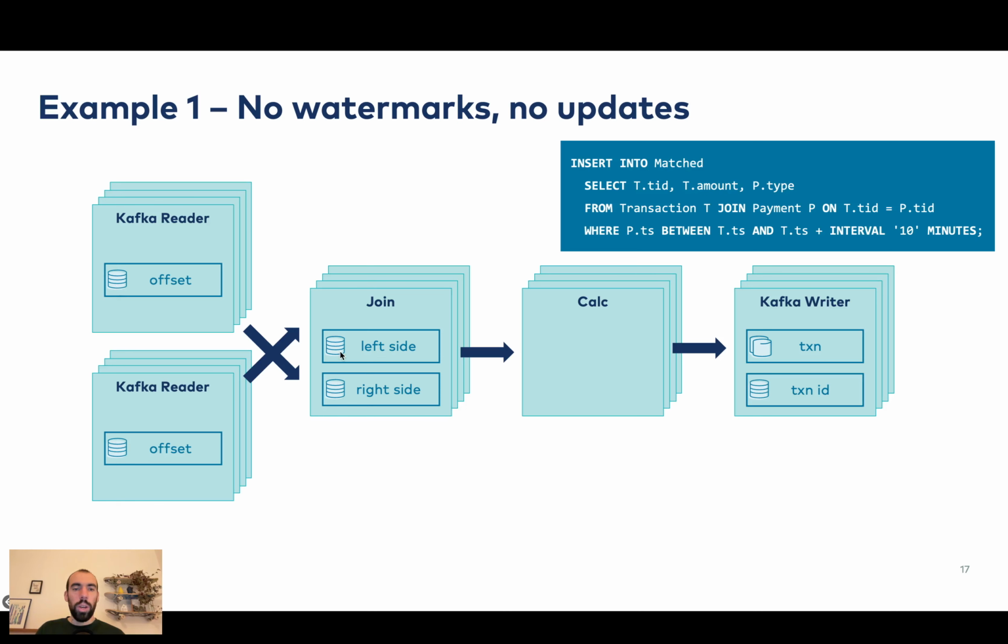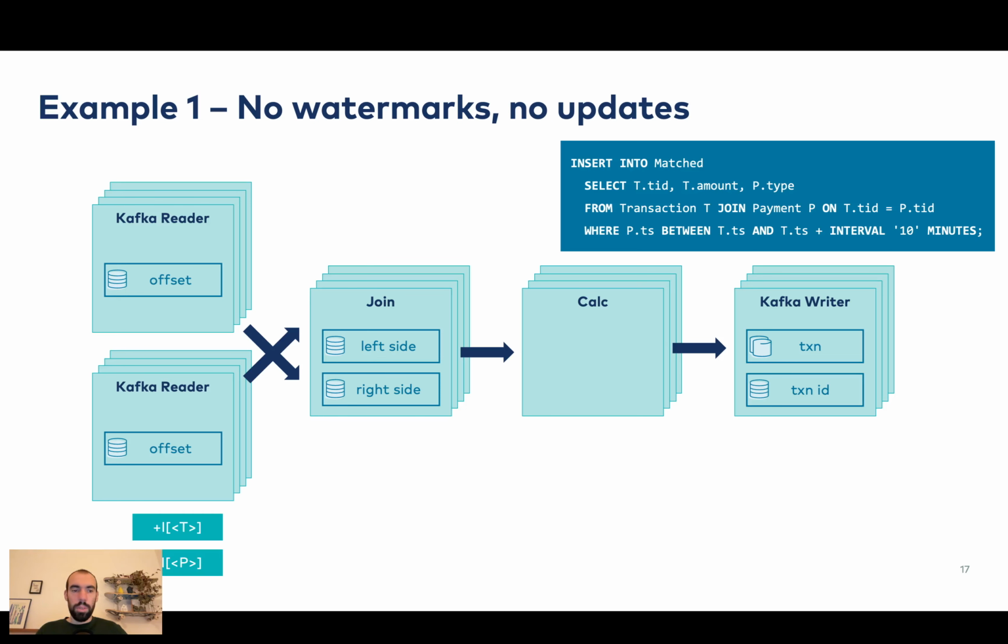The join operator will have some state, keeping the left and the right side of the join in state. The calc for filtering and projection has no state. It's a stateless operation. And then there is the Kafka writer, which also needs to store in state what is the current transaction ID. And the checkpoints of Flink will actually commit transactions.